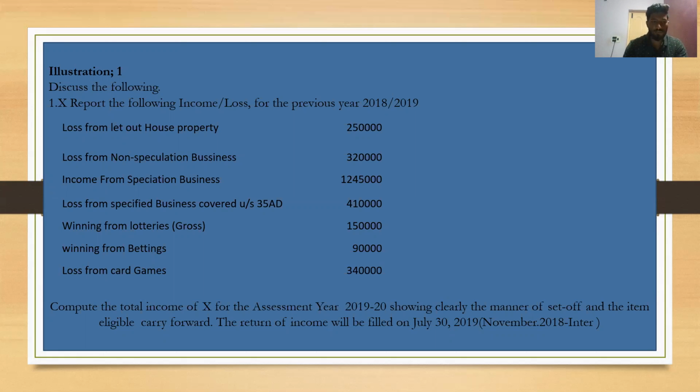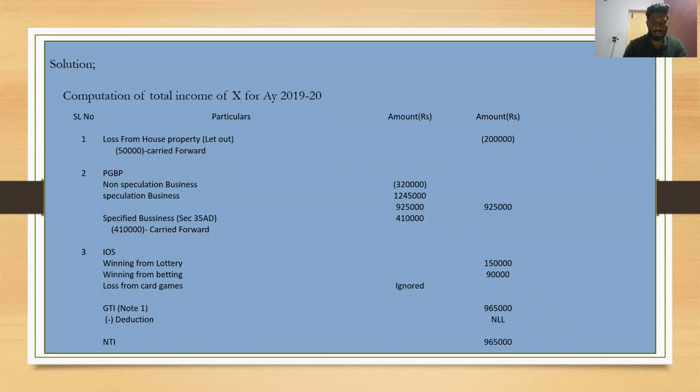We don't have income from specified business, so we will directly write that amount, 4 lakh 10,000, and carry forward that amount to next year. And there is no time limit for specified business. You can carry forward the amount to set off the losses for any number of years.